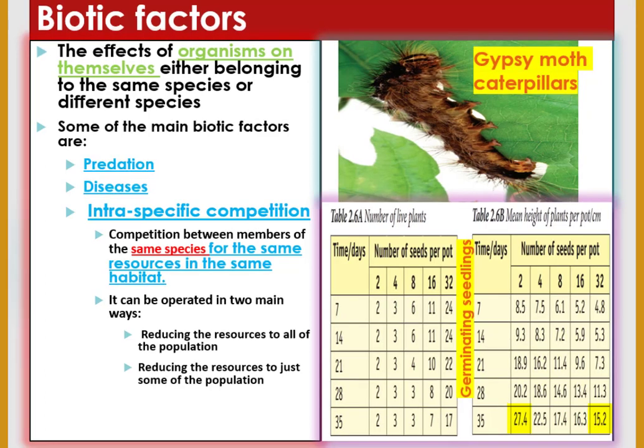This indicates that a similar amount of nutrients and water in pot 1 is shared by 2 seedlings, but in pot 5 it is shared by 17 individuals. Therefore, the 17 individuals in pot 5 got a very small share.